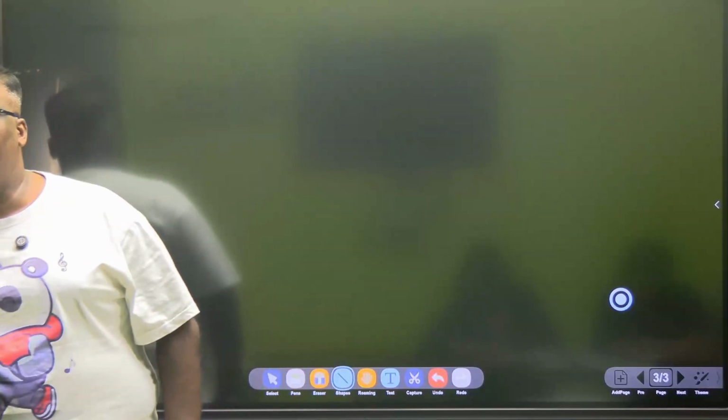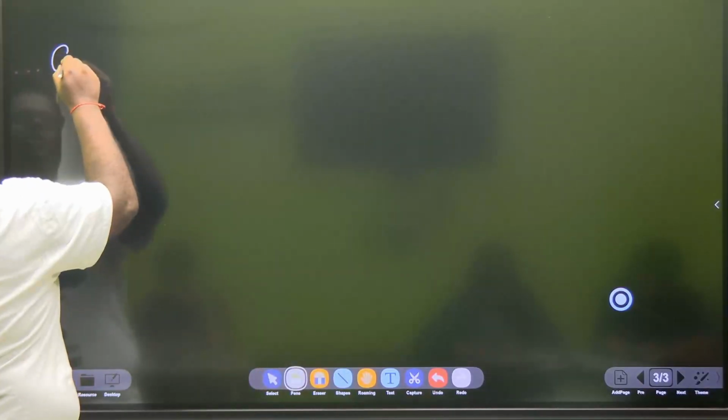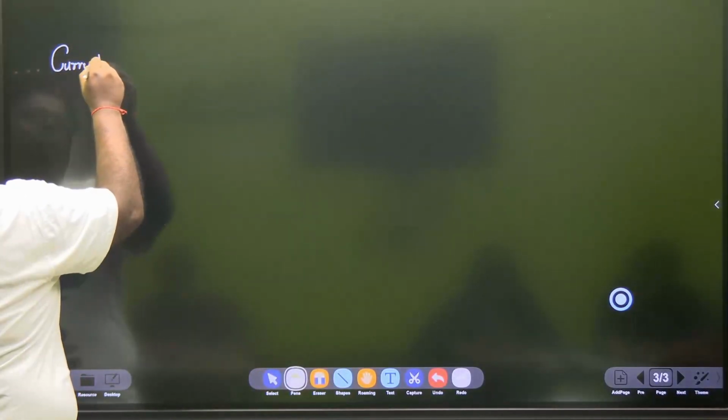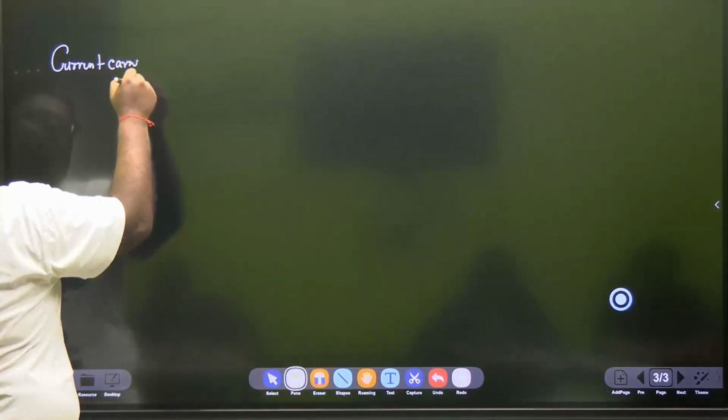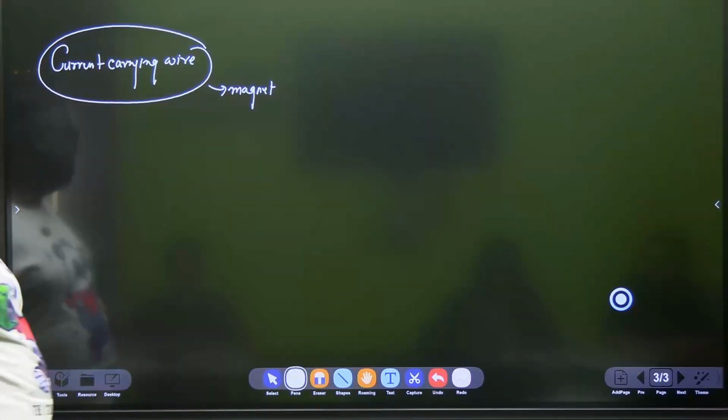So if you take a current carrying wire and you put it in another magnetic field, I'm just drawing the prelude to the derivation. Okay, so far I have a current carrying wire. So in all good sense, you will say that, sir, this is nothing but a magnet. Understood? This is a magnet.